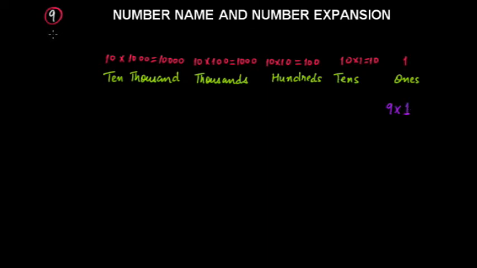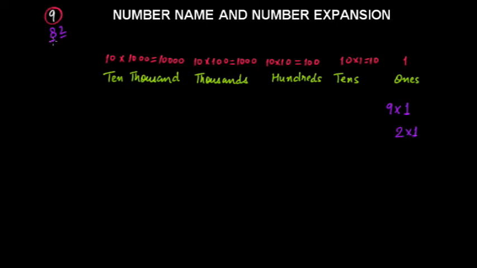Suppose we have the number 82. It is a 2-digit number having 2 places, a units place and a tens place. This 2 will come at the ones place, and we multiply it by the value of the place. Remember, this is the number expansion. I'm telling you how to expand the number.